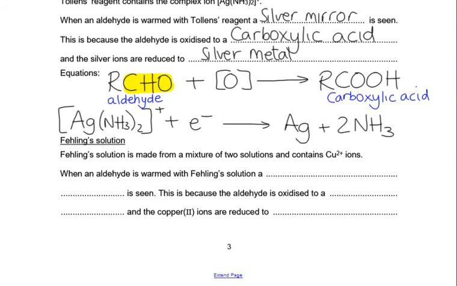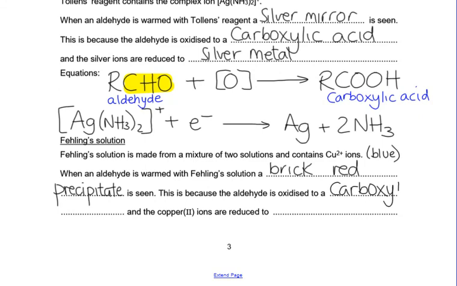Similarly, Fehling's solution is made from a mixture of solutions and contains copper 2 ions, which are blue in colour. And when an aldehyde is warmed with Fehling's solution, a brick red precipitate is seen, and this is because the aldehyde is oxidized to a carboxylic acid, just like above, so it's exactly the same equation as when Tollens' oxidized it, and the copper 2 ions are reduced to copper 1.